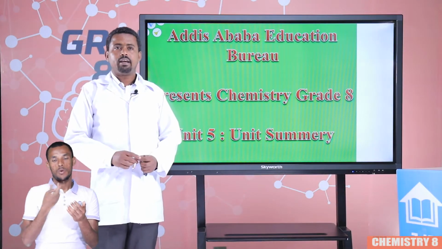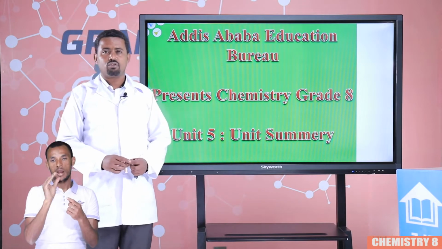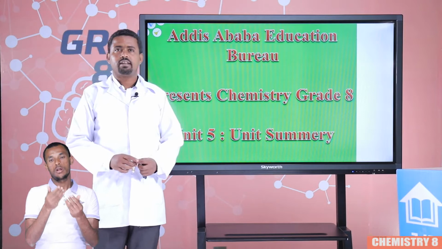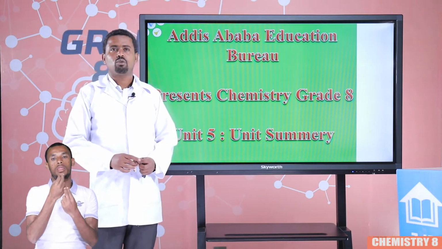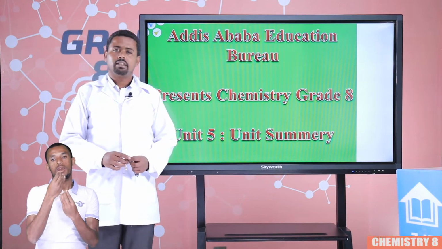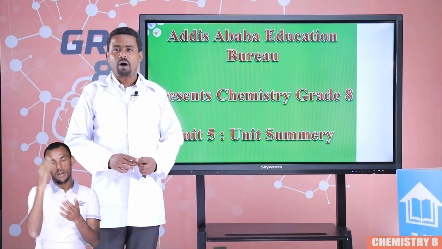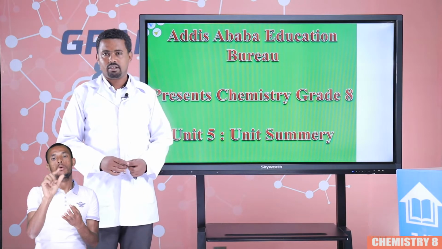Also, we tried to see the acidity and alkalinity of the soil, and we have also seen the plant nutrients, or what you call plant food, the major plant nutrients, which are commonly known as macronutrients and micronutrients.